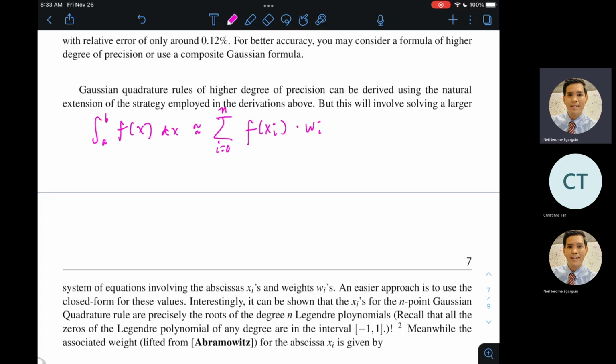It's just the indexing, so you can change it. Ibig sabihin, naghahanap tayo ng weights at saka abscissas na gagamitin. And then when we take this summation, we should get a good approximation to the integral.